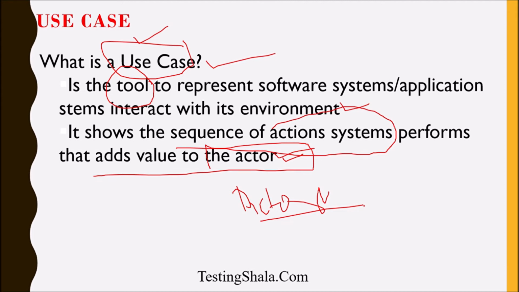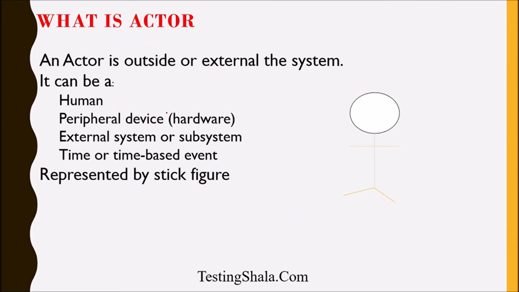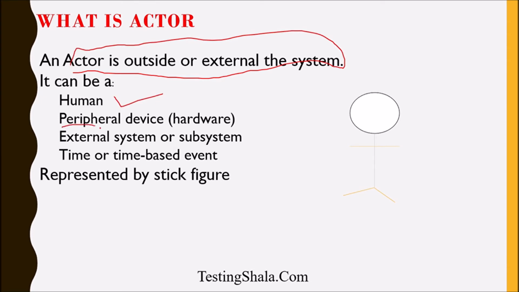Let us understand what is actor here. So actor is outside or external to the system. Actor can be human, it could be peripheral devices, could be hardware, could be mouse. All these are peripheral devices. External systems or subsystems too. Let's say your software is going to call some other software or it is making use of third-party software.